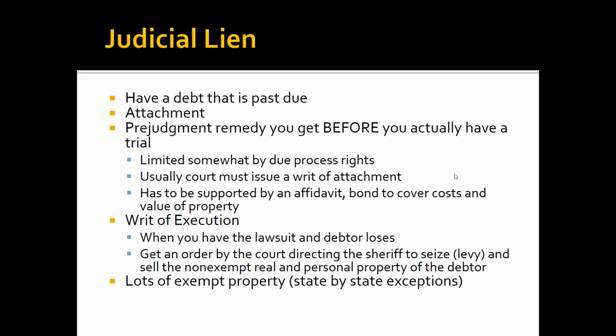Now, one of the things that happens in these judicial liens very often is that you've got property that is exempted from collection. So let's suppose someone's crippled and in a wheelchair. You don't want a writ of execution that says, okay, you can take the wheelchair. So there is exempted property.